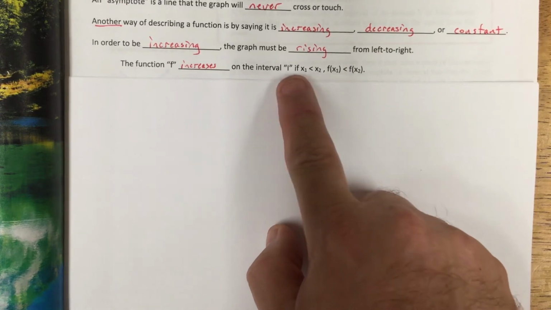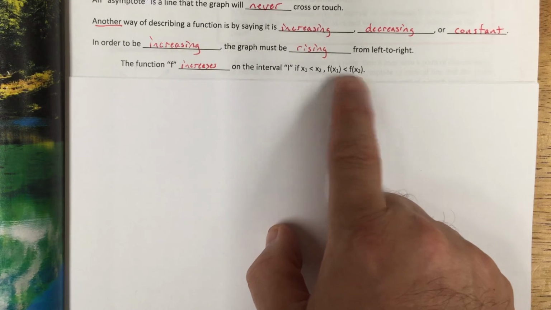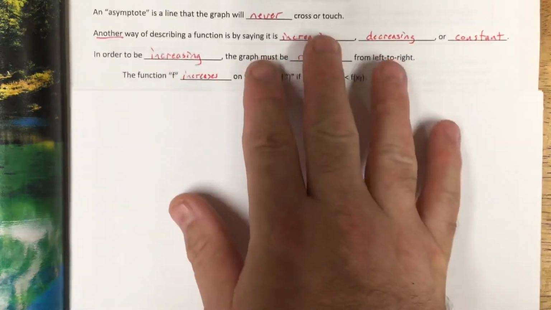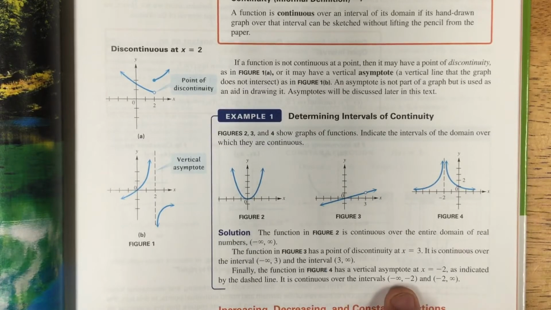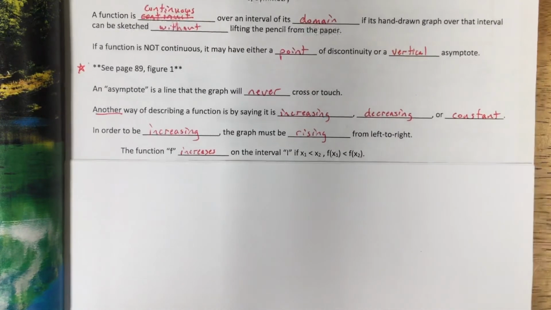Okay, so you have to make sure that both the first x is less than the second x, and the first y is less than the second y. If that is true, then your function is increasing, and you can tell me where that increase starts and where that increase stops, and do it in very similar notation to what we saw in the book by giving me an interval. From where to where are you increasing along that function or along that graph?